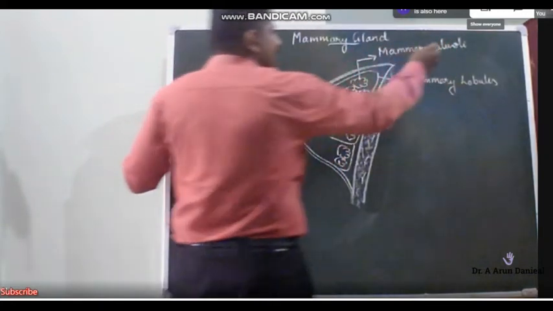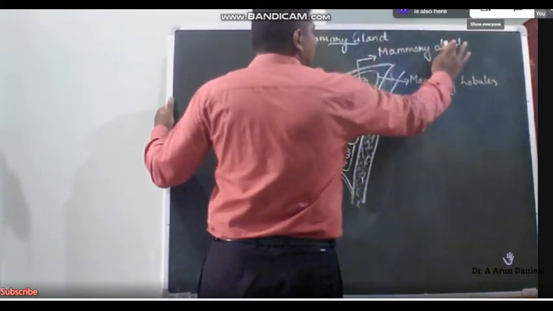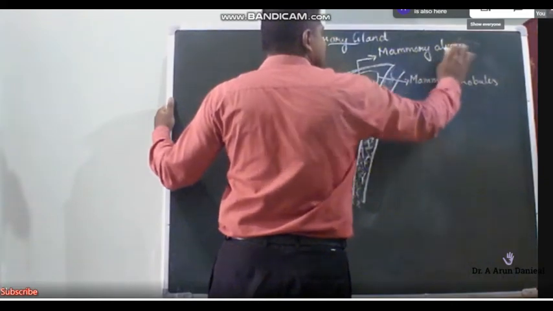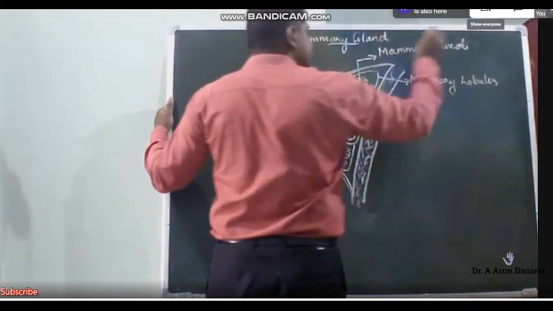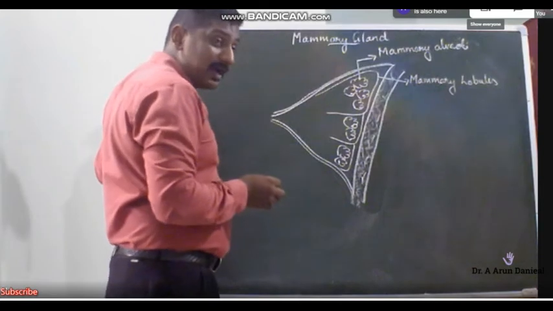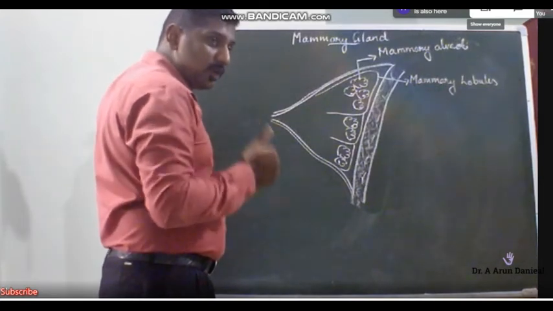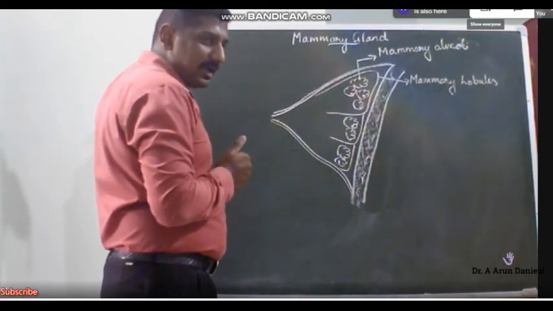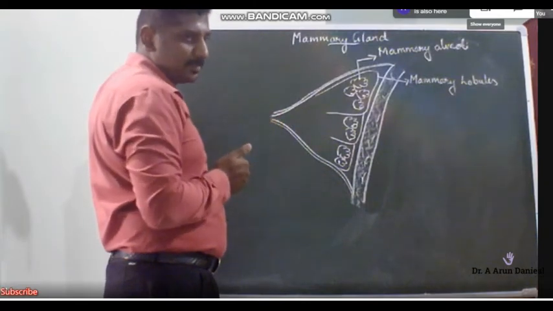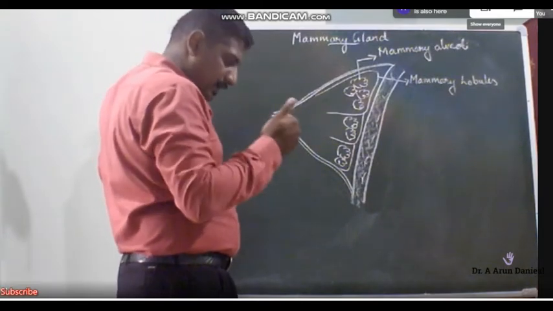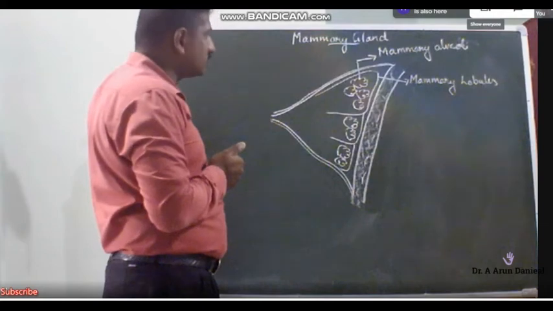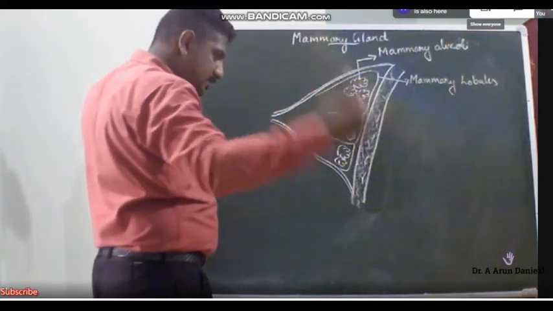So what are the mammary alveoli? They are nothing but a group of cells, and these cells secrete milk under the influence of human placental lactogen and one more hormone from your pituitary gland, called prolactin. Under the influence of these, the mammary alveoli will secrete the milk.